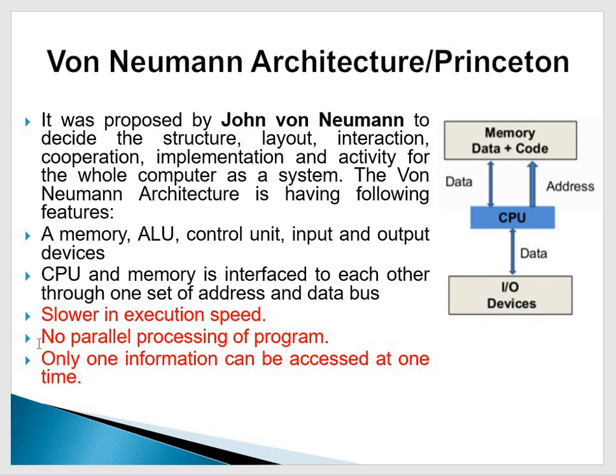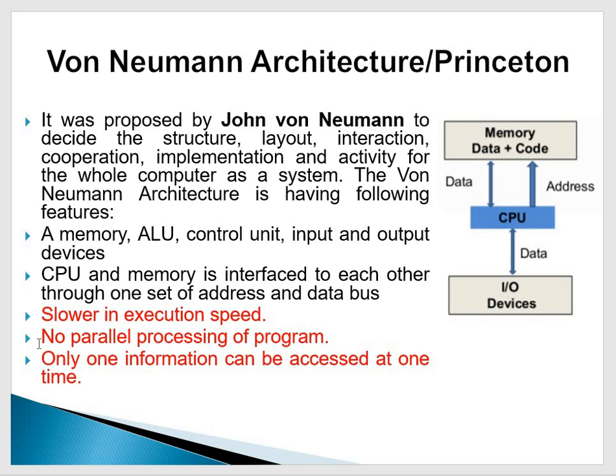The second disadvantage is no parallel processing of the program. No parallel processing of the program is possible in this case, because only one set of address and data lines is there. If we want to perform parallel processing, how will a CPU fetch the opcodes of two different programs, because it has only one set of data and address lines?